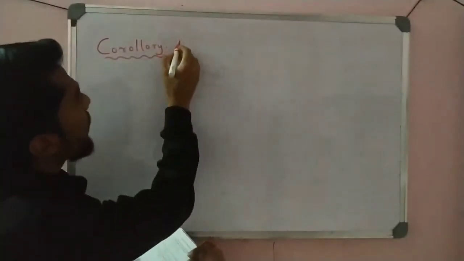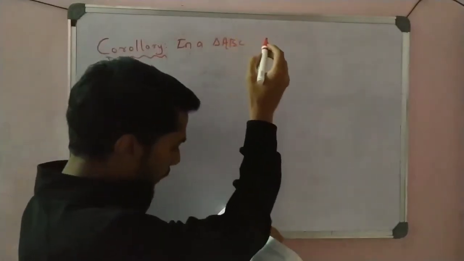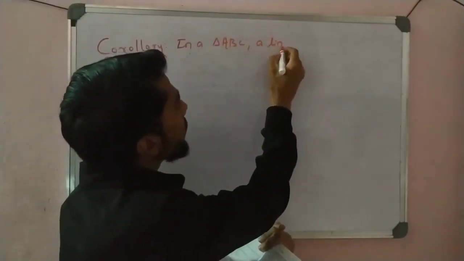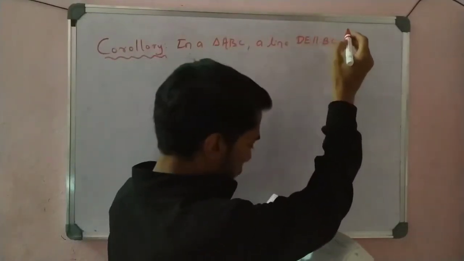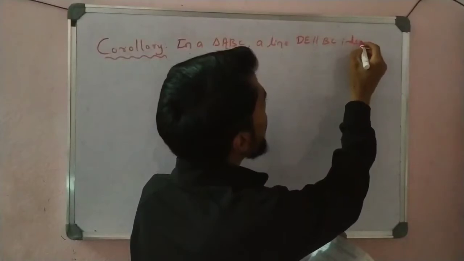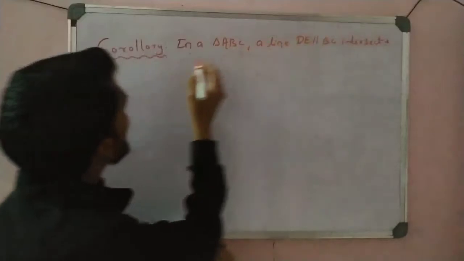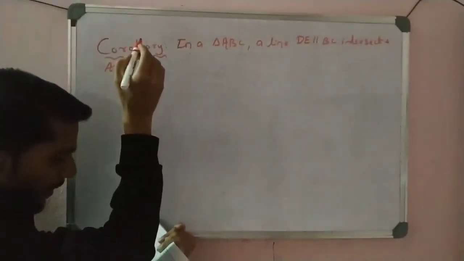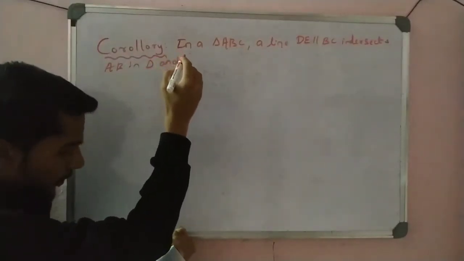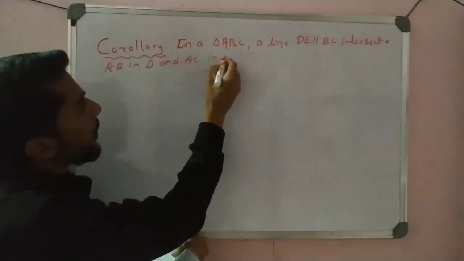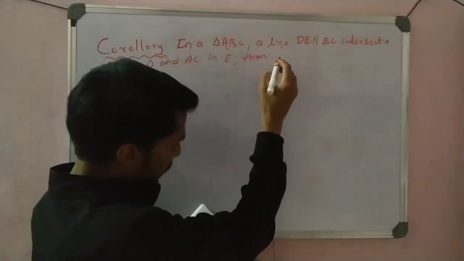Here see, in a triangle ABC, a line DE parallel to BC intersects AB in D and AC in E, then prove that.